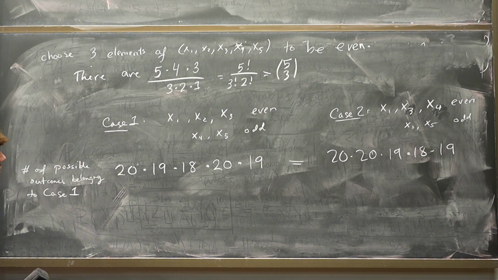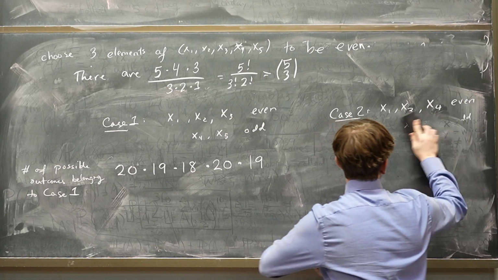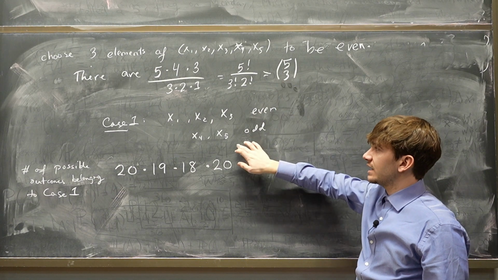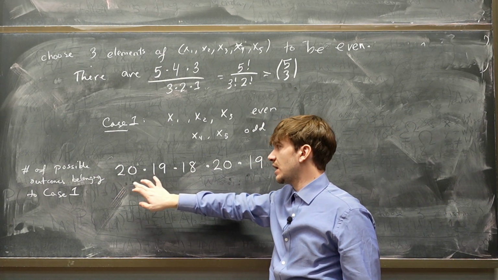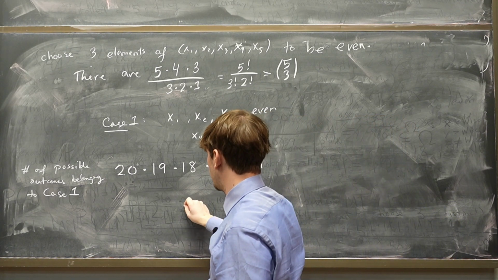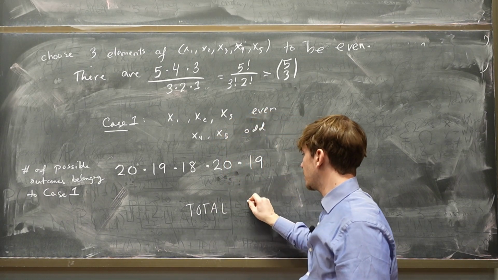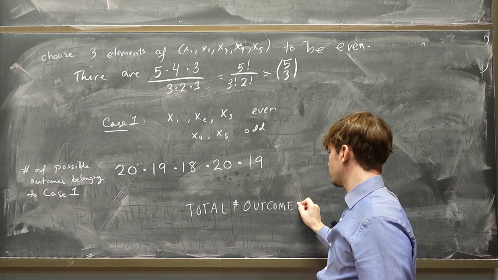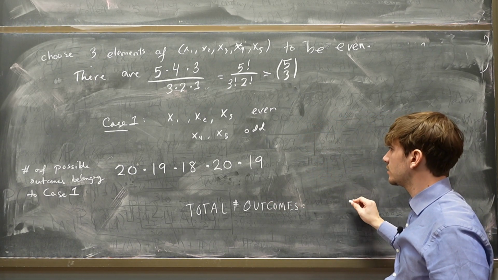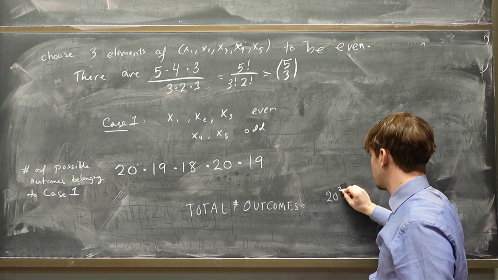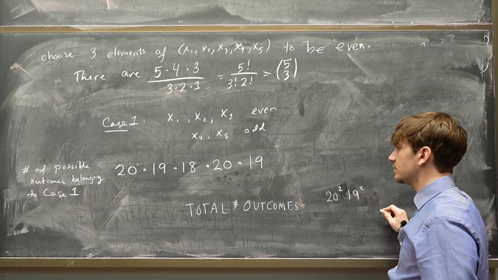Okay? So for each case, I have 5 choose 3 possible cases, and each case has this many possible outcomes, and all of the outcomes of each case are disjoint. So this tells me that the total number of outcomes is going to be 20 squared times 19 squared times 18.